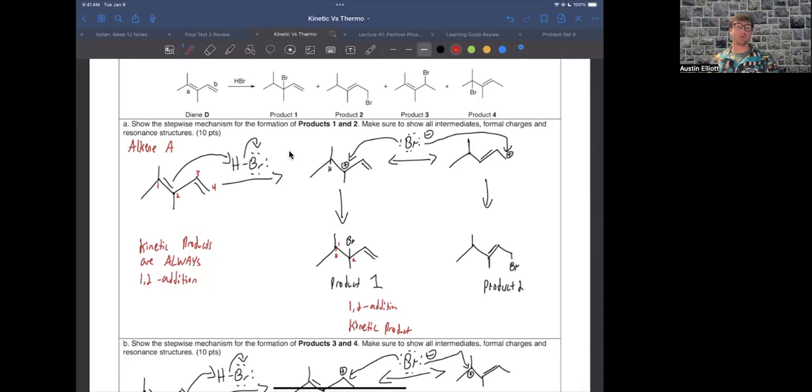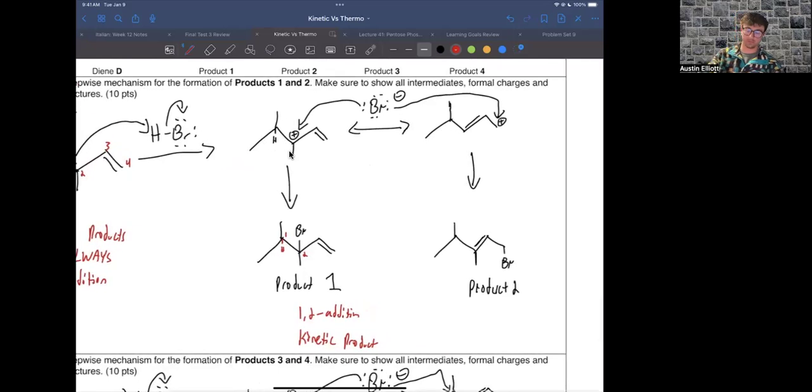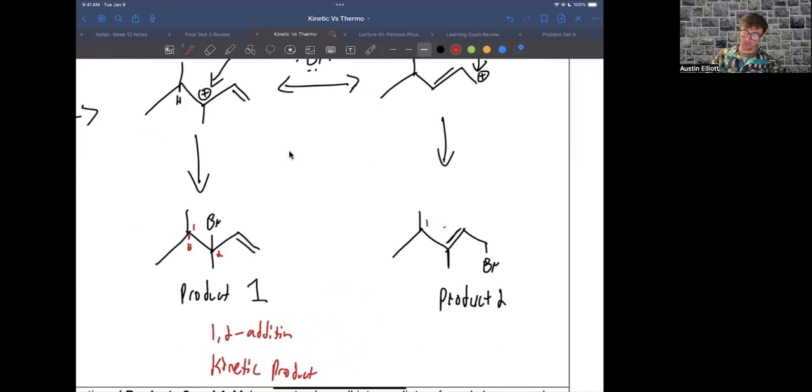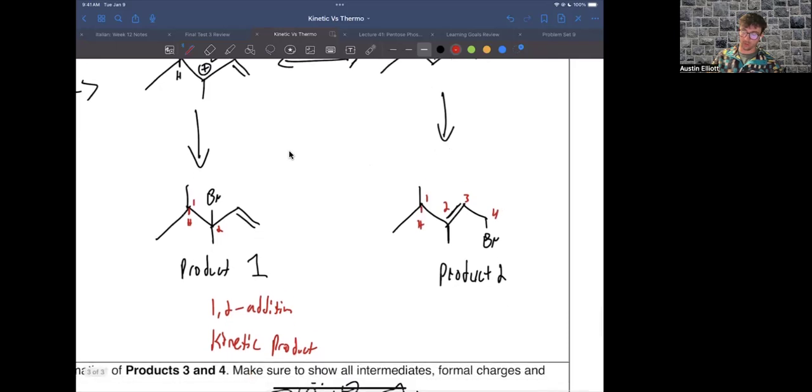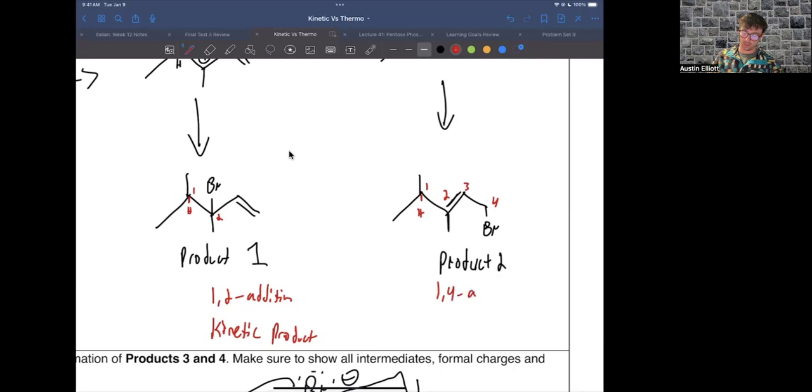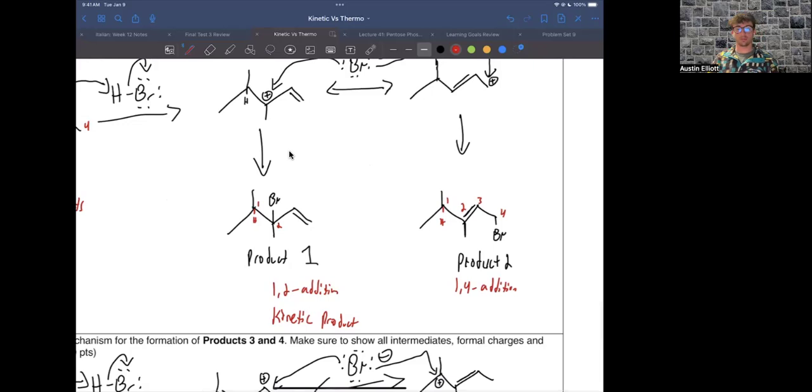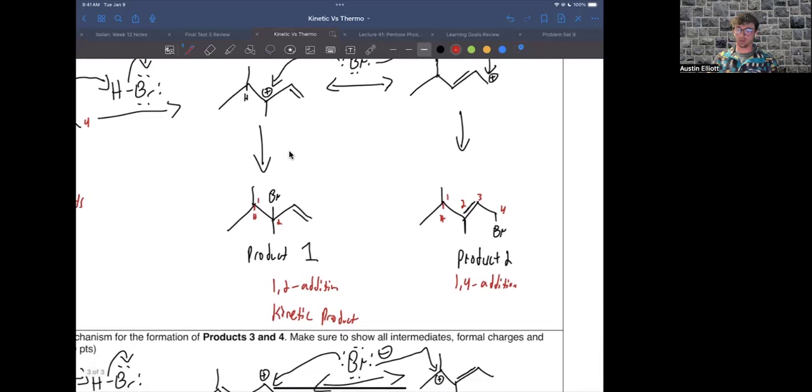They don't always have to be 1-4 addition. They can also sometimes be the 1-2 addition products, depending on the stability of the products, which we'll get into in just a second. But this one, if we look at the numbering, we have our 1, 2, 3, 4, hydrogens there, bromines on the four. So this is our 1-4 addition product, and in this case, this one is going to be our thermodynamic product.